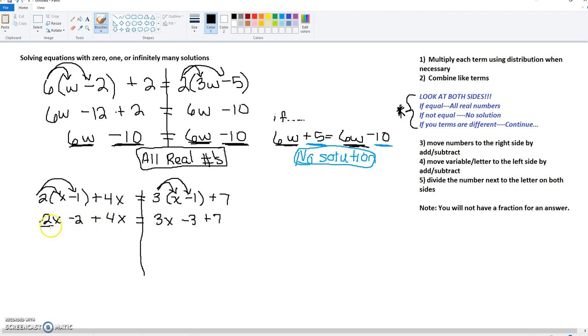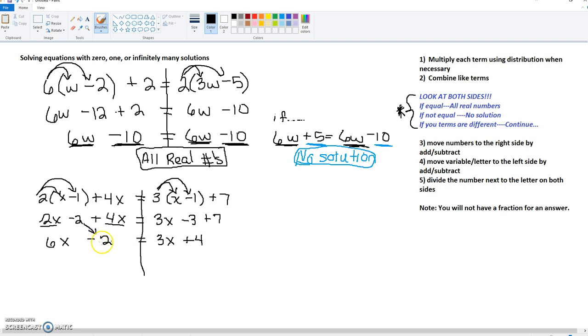We've got a 2x and a 4x, and they're both positive, so that's going to give us 6x minus 2, because I'm bringing down that 2, equals. We don't have any other x's on this side, but we have two numbers that we can combine, so -3 plus 7 gives us +4.